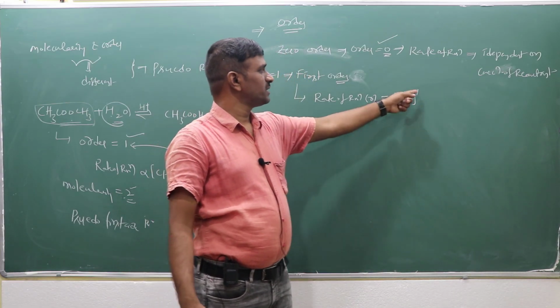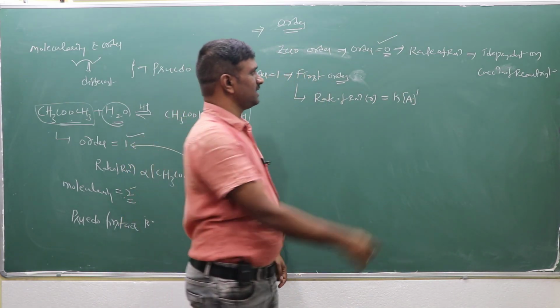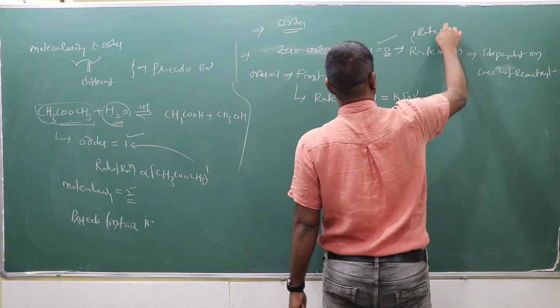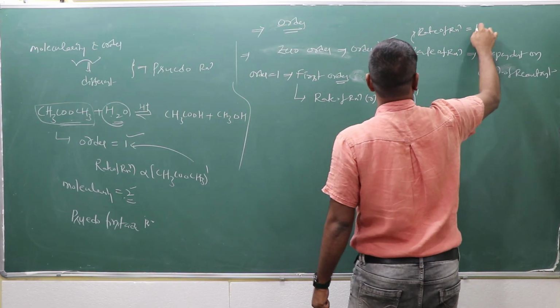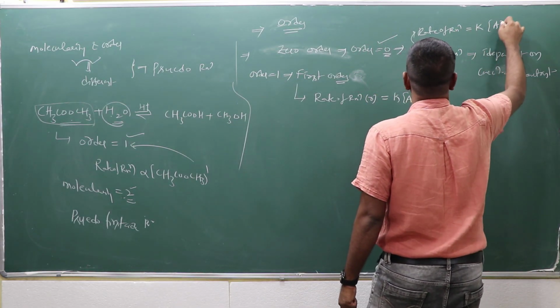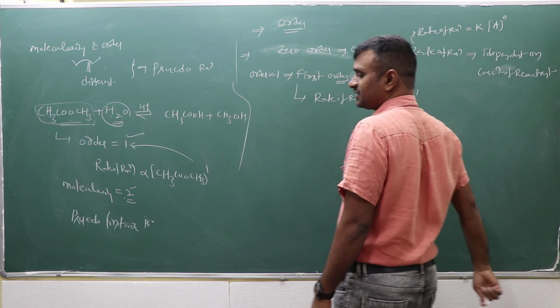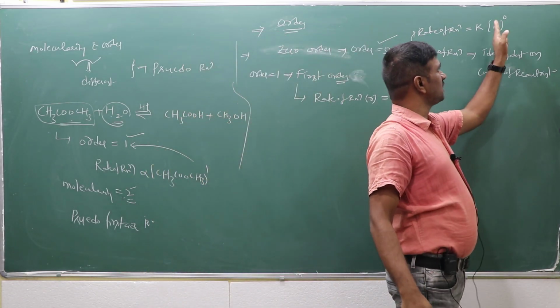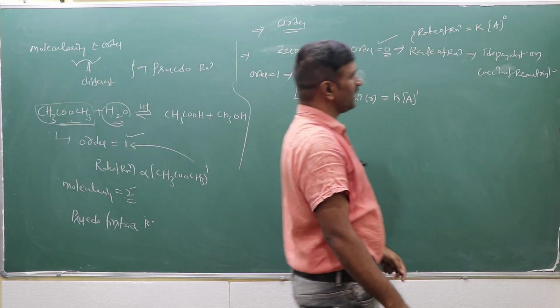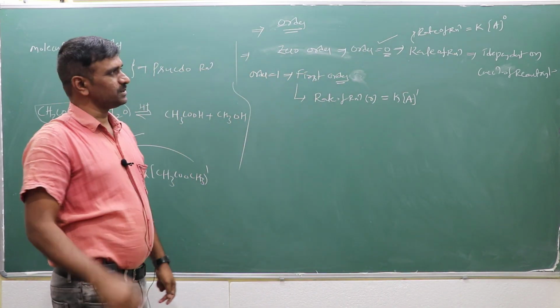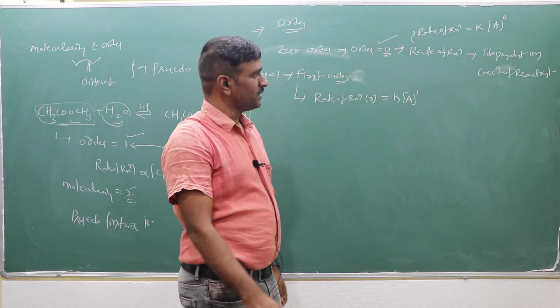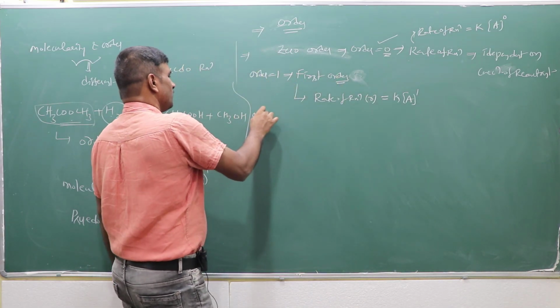So the order is first order. Here, in the zero order case, the rate of reaction is equal to K into A to the power of 0, meaning it does not depend upon the reactant molecule concentration. That is zero order. This is A to the power of 1, first order.